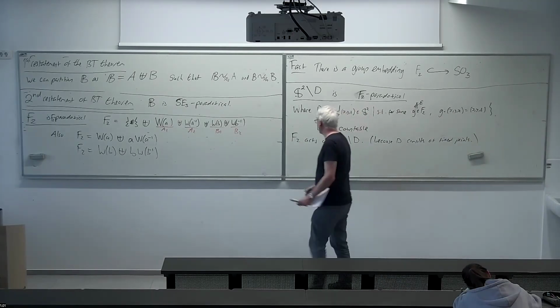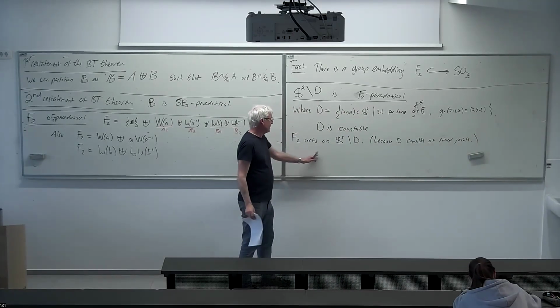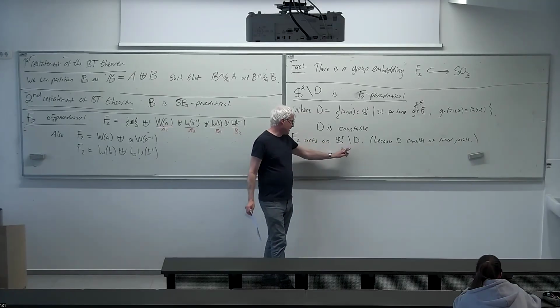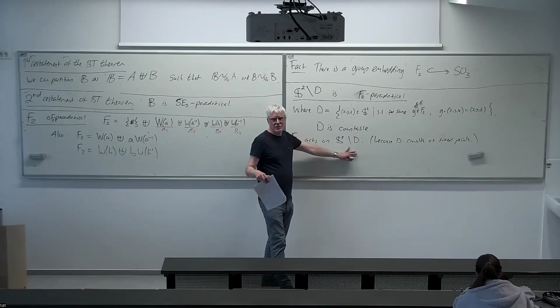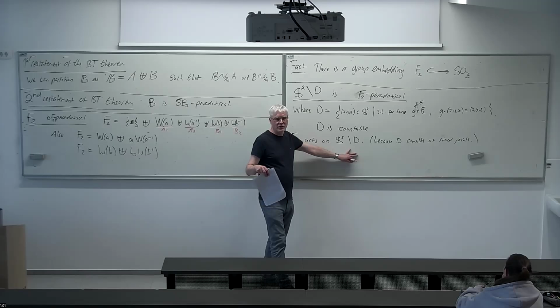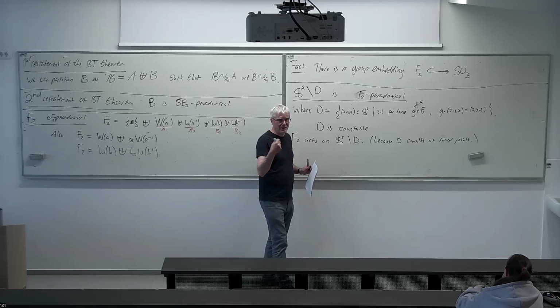Okay. So now, the group action acts on the sphere. We've removed countably many points. So then we need the notion of the orbit of the group action. If you've got a group acting on a set, you consider a point in the set.